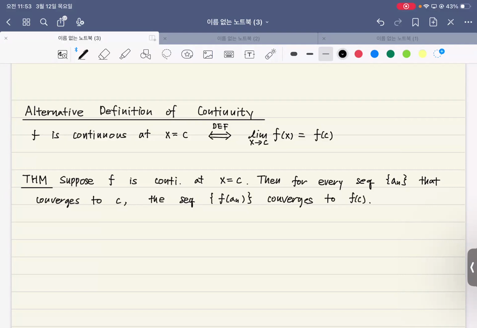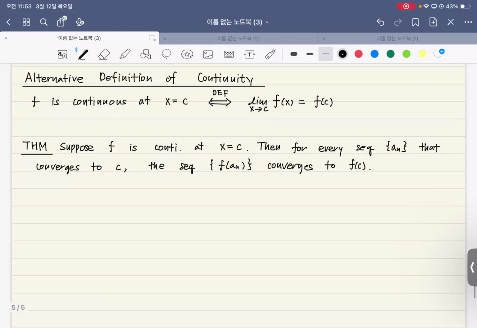And this new sequence always converges to f of c. This is the proof. Number one, f is continuous.